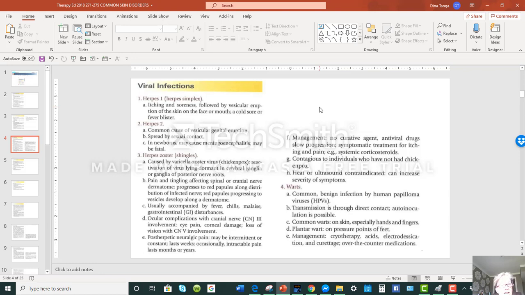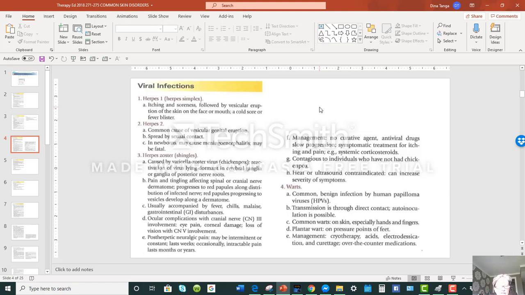Herpes zoster, shingles, caused by varicella zoster virus, chickenpox, reactivation of virus lying dormant in cerebral ganglia or ganglia of posterior nerve roots.